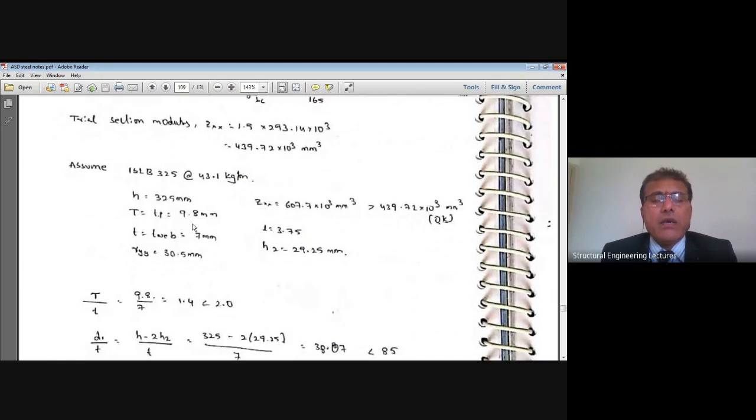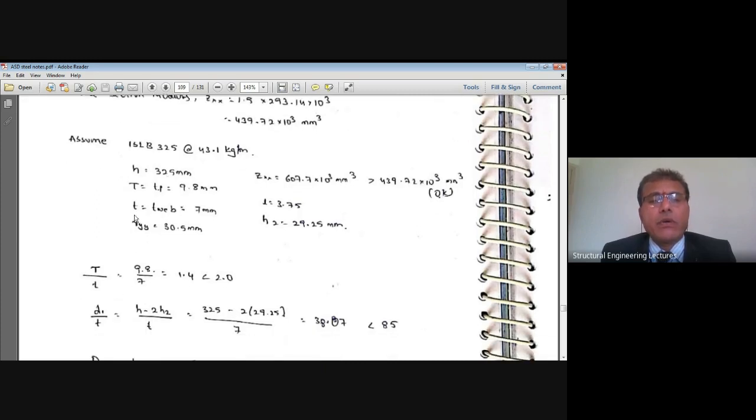Now I'll see the steel tables which section is giving this much of section modulus. Then I'm choosing a section ISLB 325 at 43.1 kg per meter, or approximately 431 Newton per meter. Then I'm noting down the properties of the structural section. Its depth is equal to 325 mm, and thickness of the flange TF, denoted by capital T, is equal to 9.8 mm.